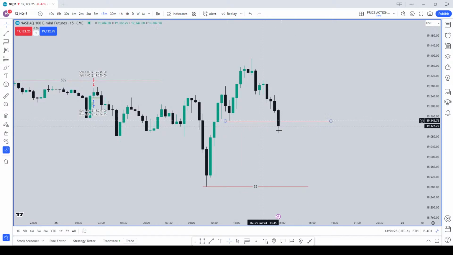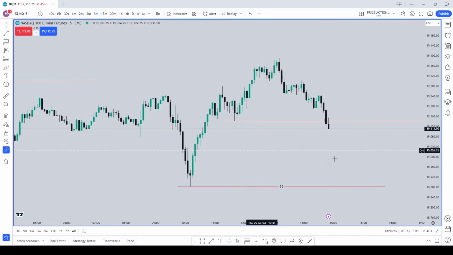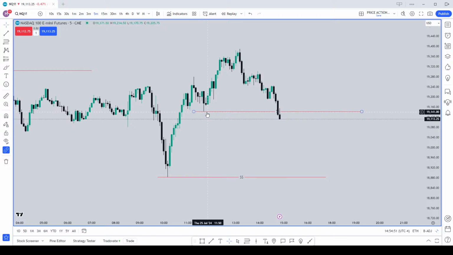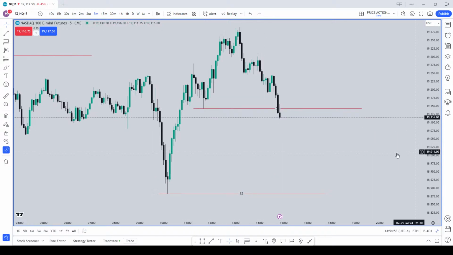Market did dig into this low right over here and is failing to displace and reverse. So I do feel that this could lead to this coming down and aim for these New York AM lows. Let's go down to our lower time frame. We got the 5-minute. We see the break of market structure here and here.